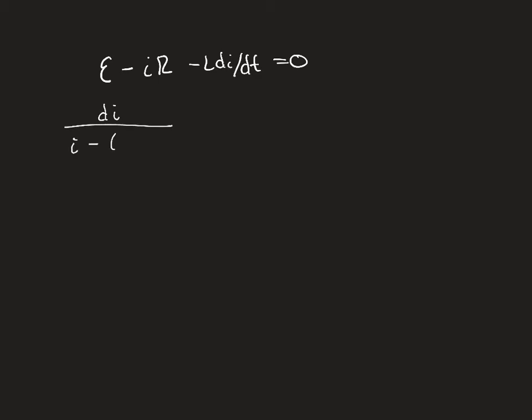And I will leave this algebra exercise up to you if it particularly interests you. And now I'm going to integrate from 0 to I on this side, because we want to find the current at some particular time in the future, and then from 0 to t, because we want to find the current at that t.